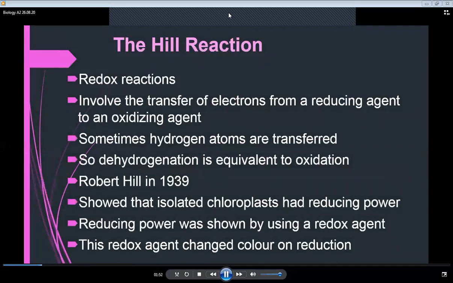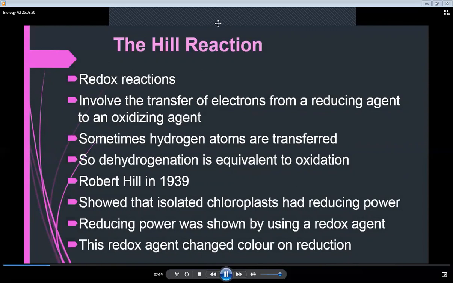So coming to the Hill reaction first. Why is this reaction called the Hill reaction? There was a scientist, Robert Hill, who worked out this reaction, and that's why it is named after him. Before coming to the Hill reaction, let's talk generally about redox reactions, which you have read in chemistry very well.